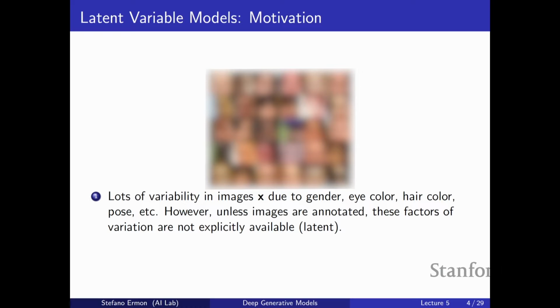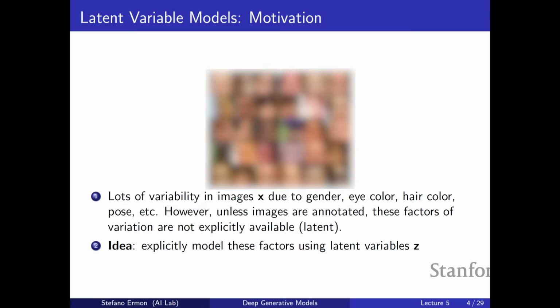But unless you have annotations, all you have access to is a bunch of images. And although you can see that there is this latent structure, it's not annotated, so it's not obvious how you take advantage of it. And so the idea of latent variable models is to add a bunch of random variables, which we're going to denote Z, which are supposed to capture all these latent factors of variation.